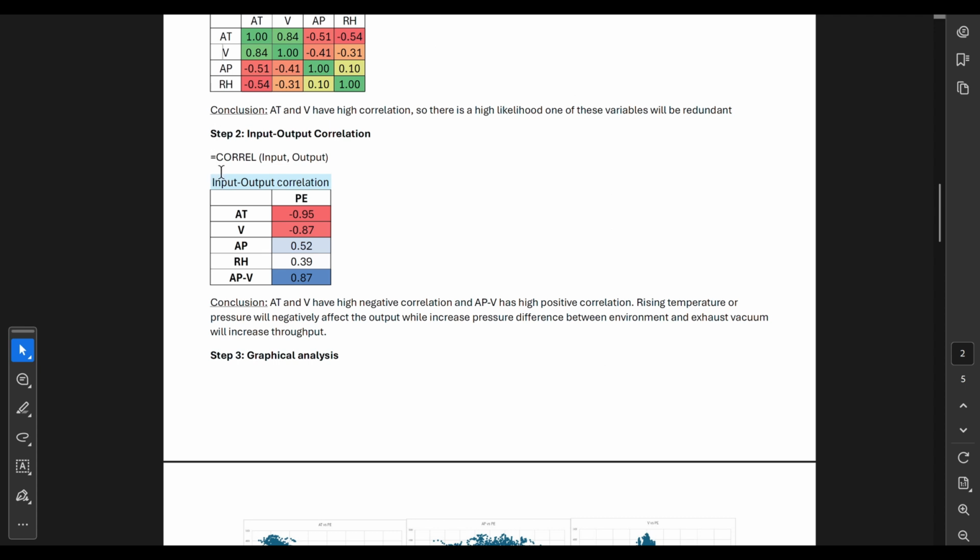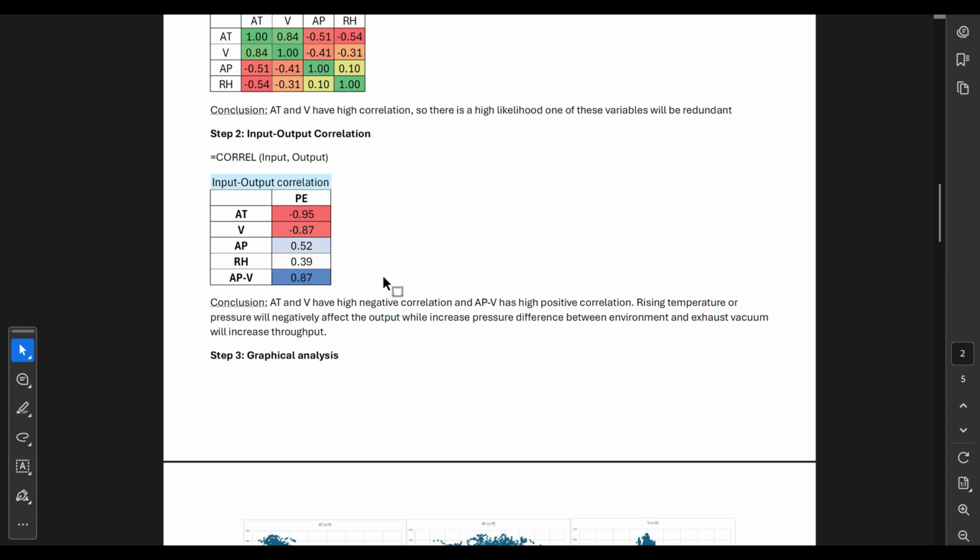The second thing we did was try to identify the output's correlation with the input, and PE is our output variable, while AT, V, AP, RH are all our input features. From our reading on Wikipedia earlier, we found that there might be an interaction term at play here, which is the difference between the ambient pressure and the exhaust vacuum. So that is another term that we experimented with at this stage, to see what sort of correlation we get out of it.